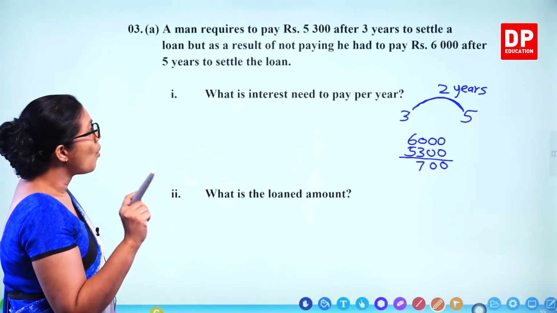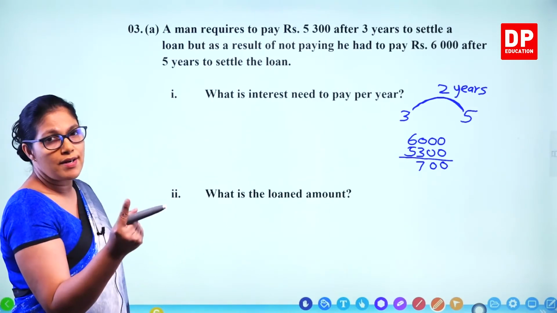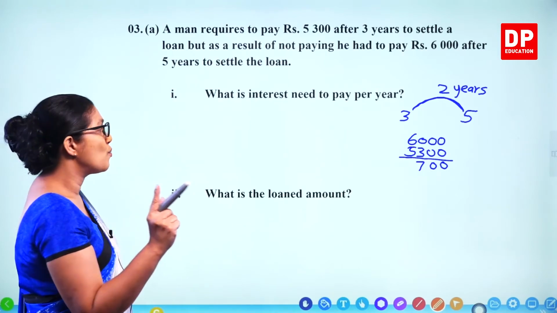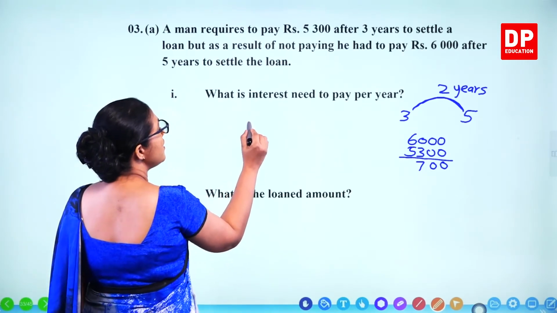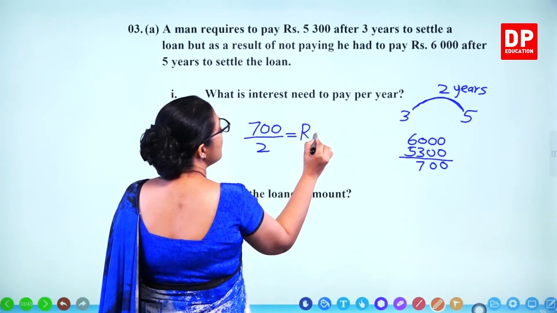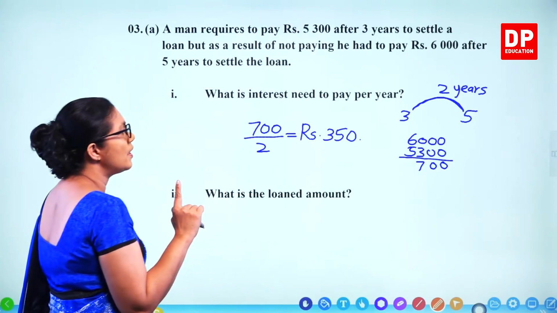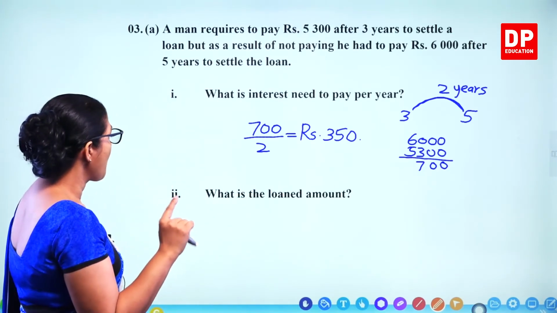Now they are asking what is the interest to pay per year. 2 years, 700 rupees. So what is the 1 year value? 1 year means 700 divided by 2. That means 350 rupees per year. That's the extra amount.